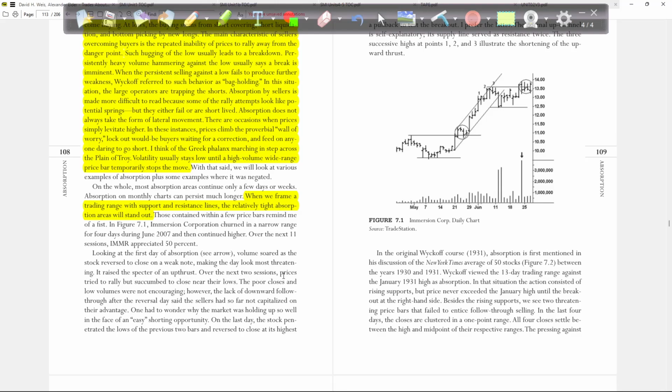Over the next two sessions, prices tried to rally but succumbed to close near their lows. The poor closes and low volumes were not encouraging. However, the lack of downward follow-through after the reversal day said the sellers had so far not capitalized on their advantage.